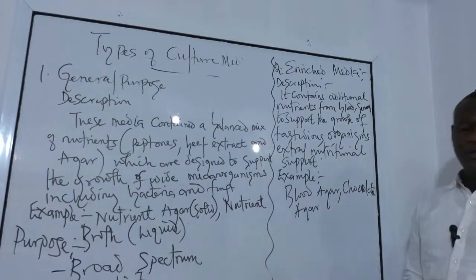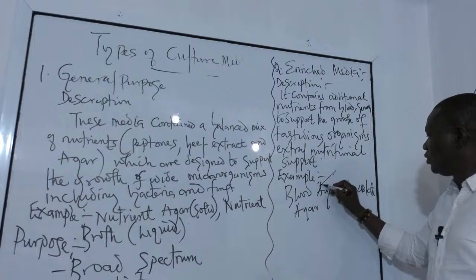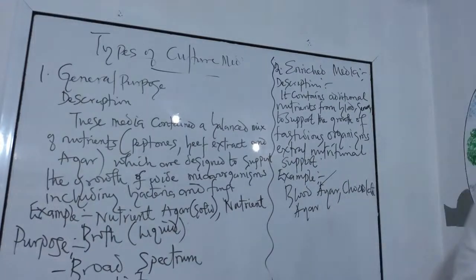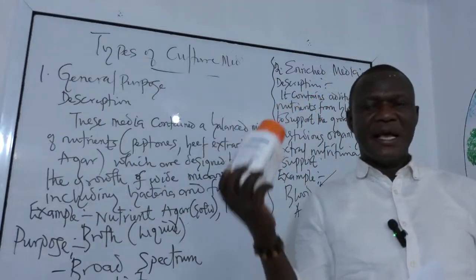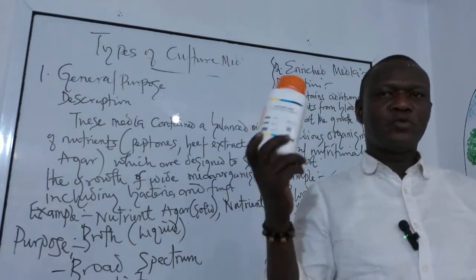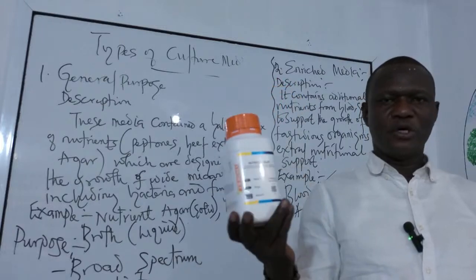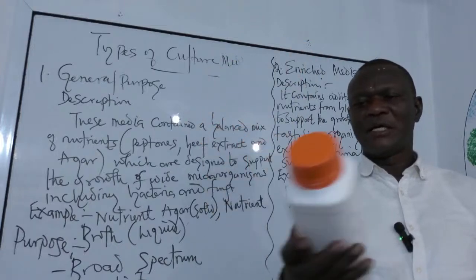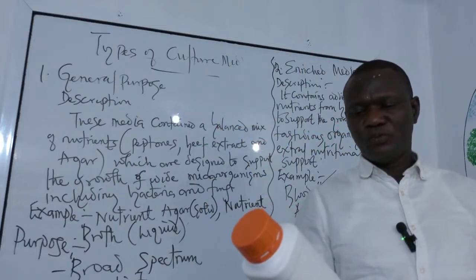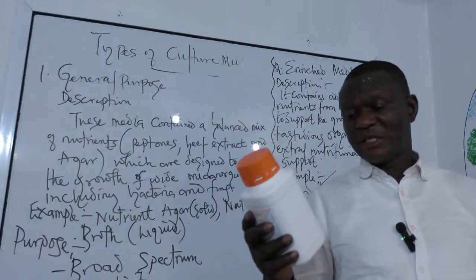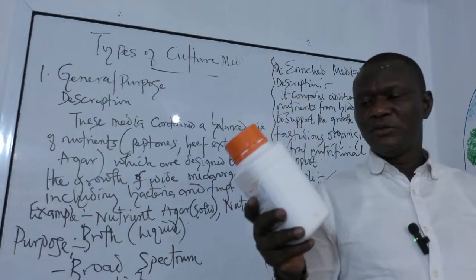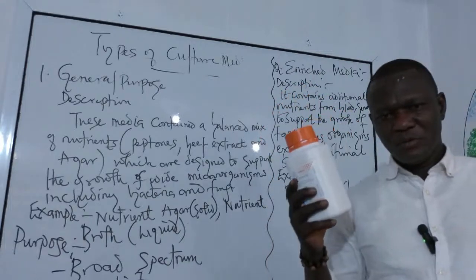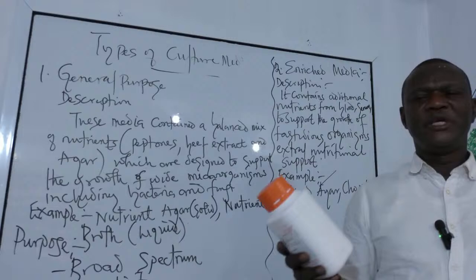The difference with blood agar is that you prepare normal nutrient agar in the flask, but while it is still very hot, still in liquid form. By the time you weigh the powder, they ask you to dissolve 28 grams of this powder in 1000 milliliters, that is 1 liter.